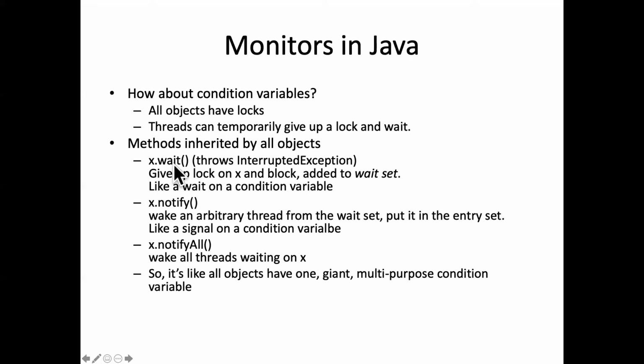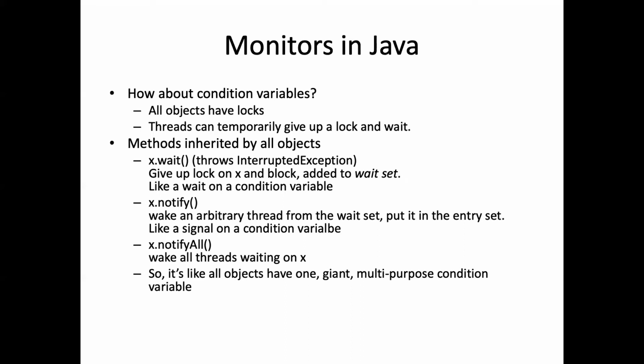So if you're running inside a synchronized method, and you want to give up the lock and wait for something to happen, you can call wait on that object. So if the object was X, you could call x.wait, and you will temporarily give up the lock on the object, and you will wait for something to happen.